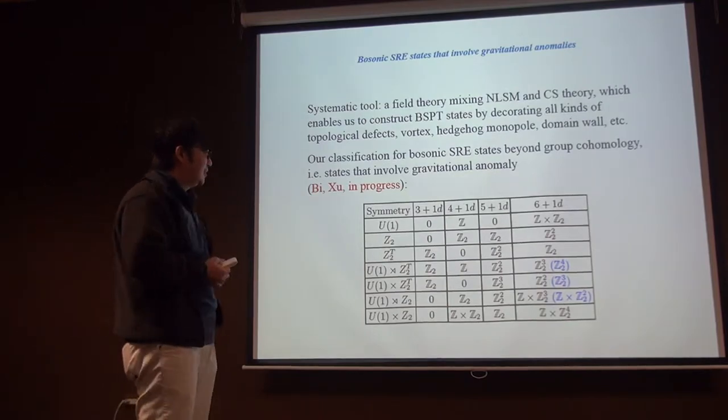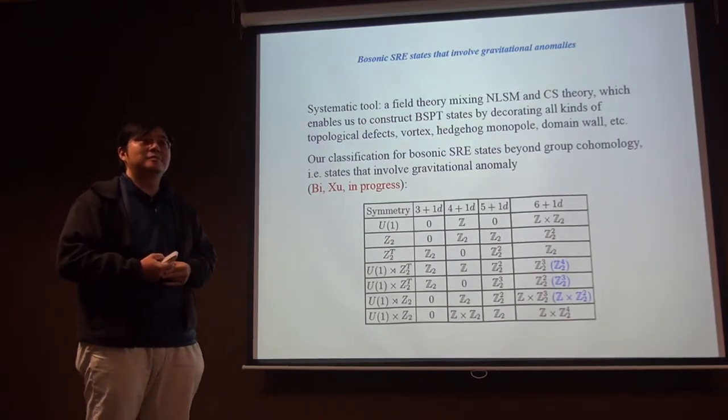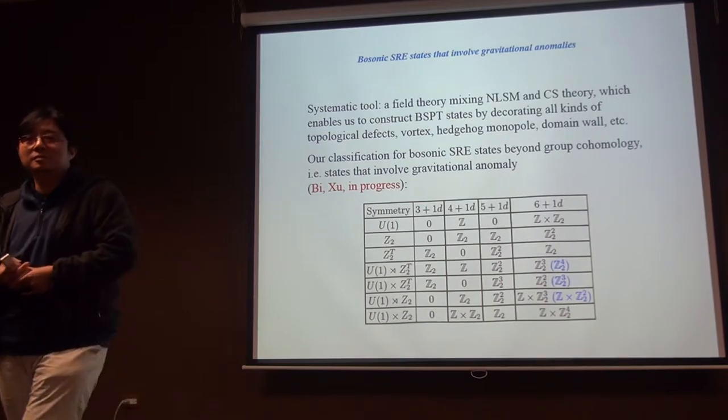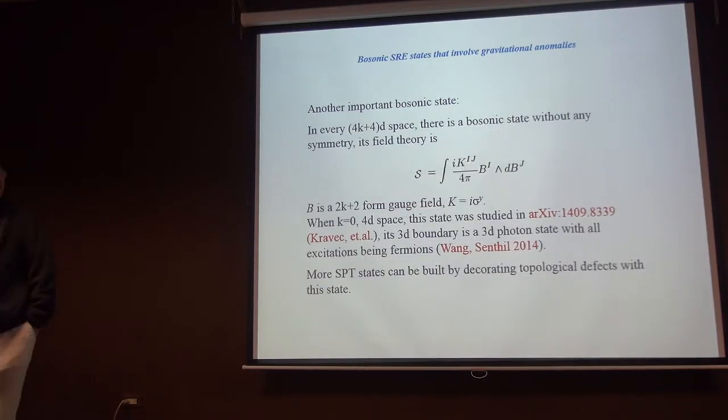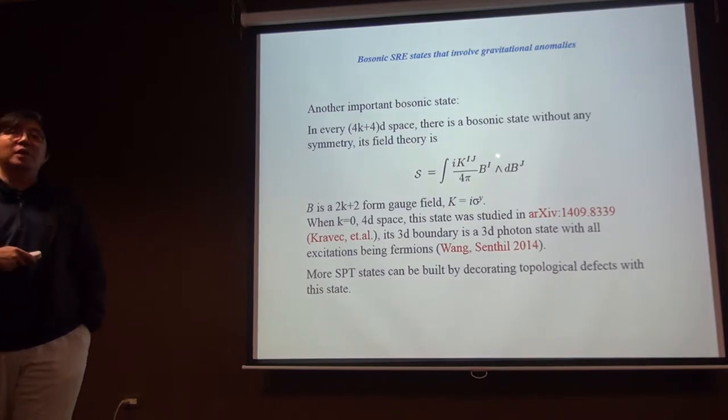My result may have a little more than his because there's another bosonic ITO state in 1 plus 4 dimensions. Yeah, that's the one here, right? That's this one.